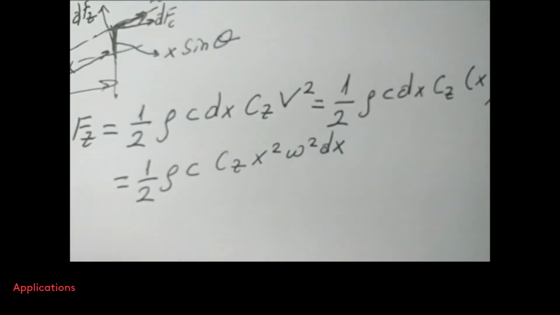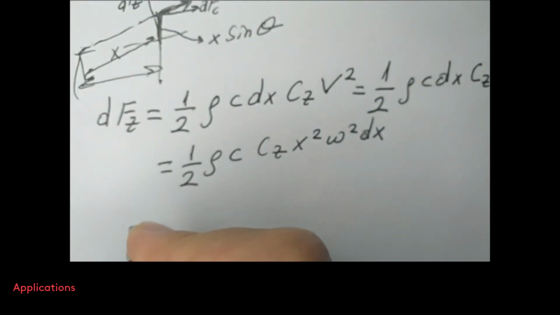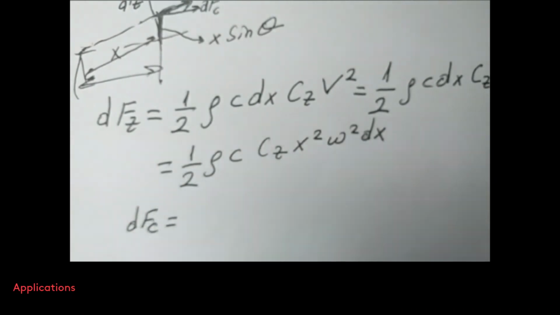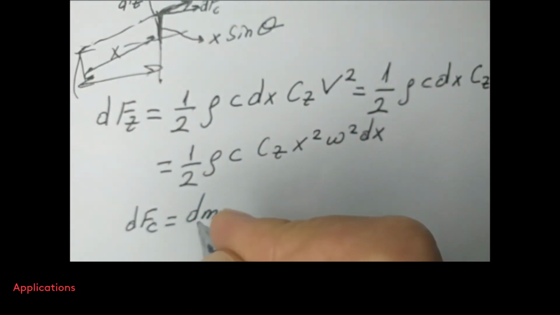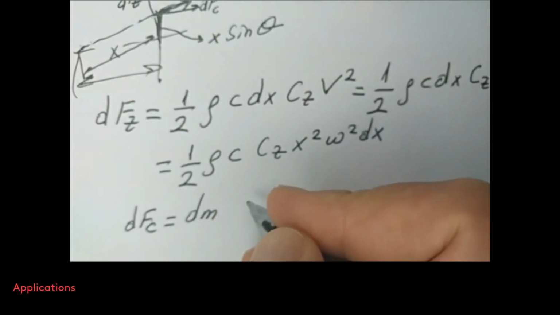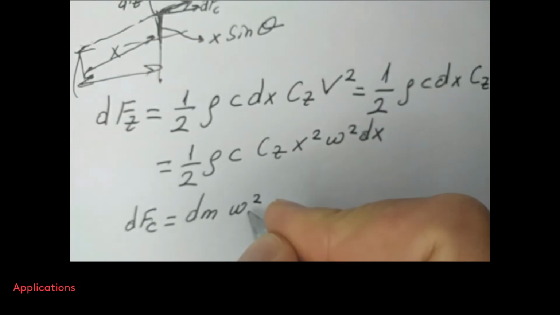Now let's write the centrifugal force per unit blade element. So we have the unit mass dm omega square multiplied by r.